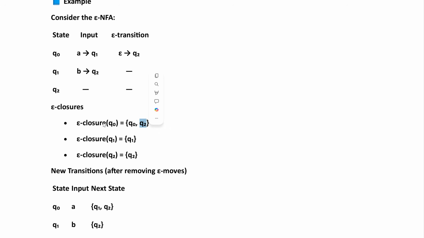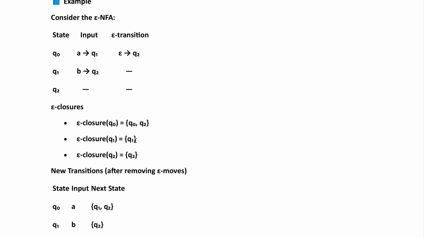And when we are applying A on Q2, we are getting nothing. But the epsilon closure of Q2 is itself, Q2. That's why the Q2 state is included here, right? Next, we calculate when we apply B on Q1.